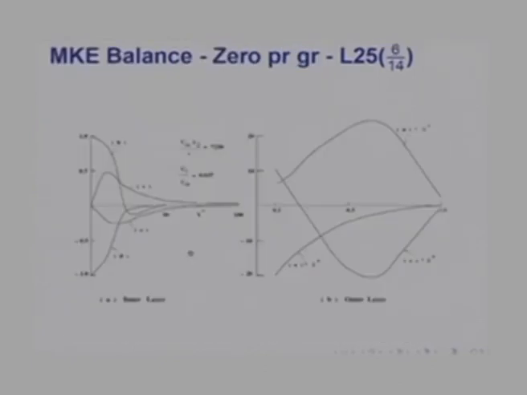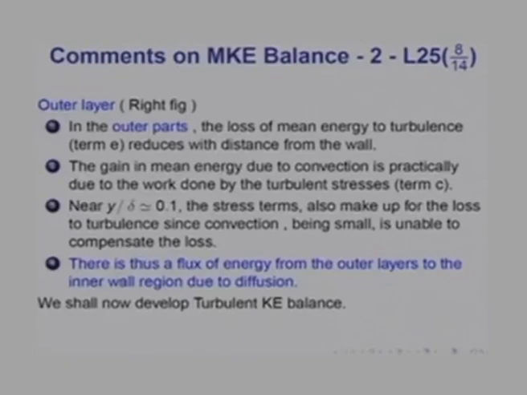What is meant here is that this little turbulent diffusion here makes up for the loss here. There is thus a flux of energy from the outer layers to the inner wall region due to turbulent diffusion.